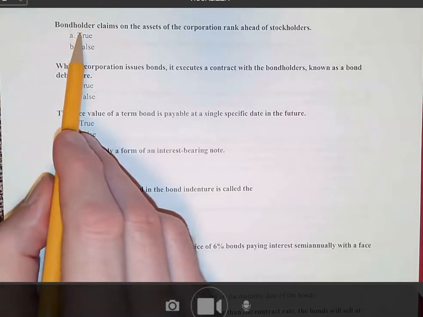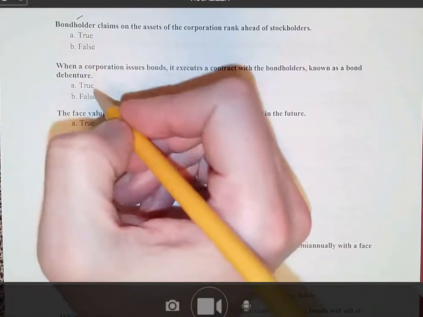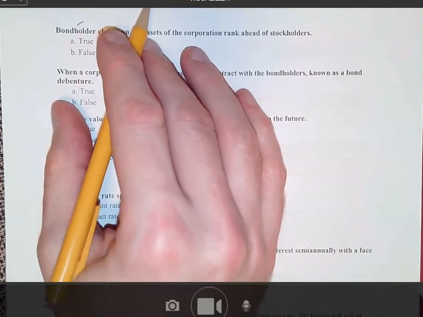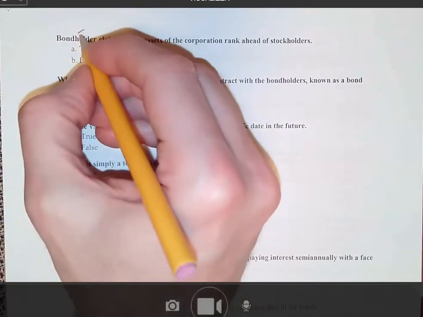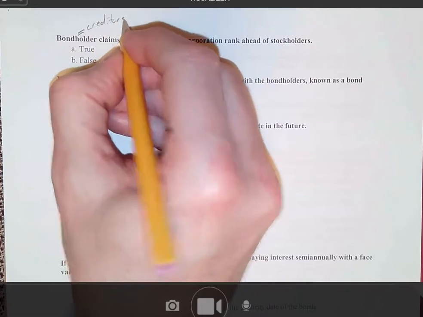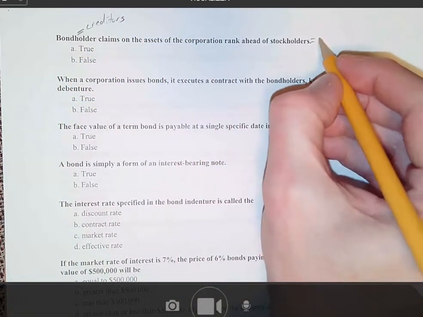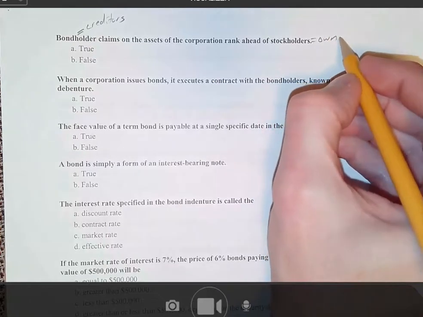Would it be bondholders or stockholders? Well, we need to understand that bondholders are equal to creditors, and stockholders are equal to owners.